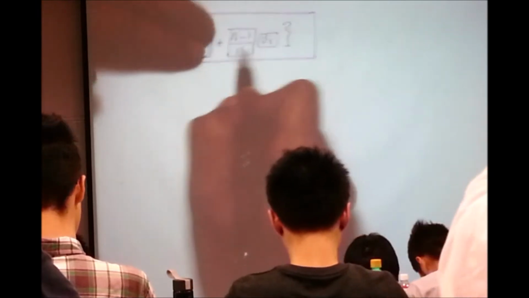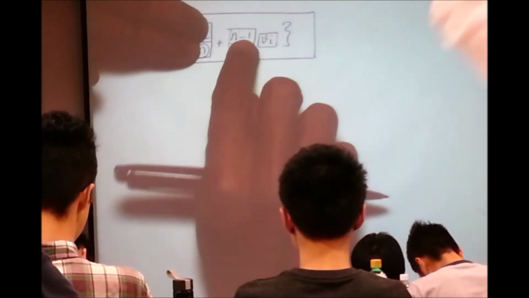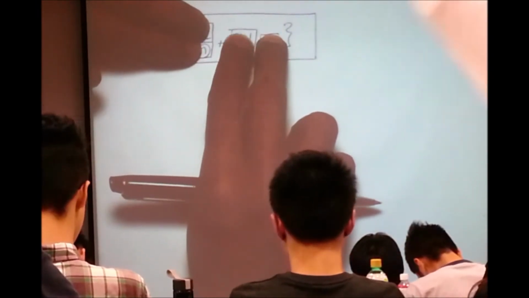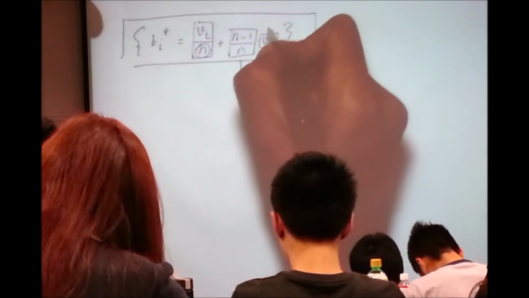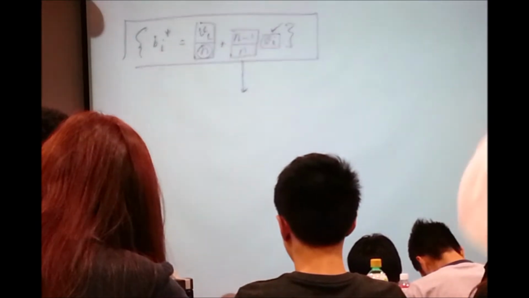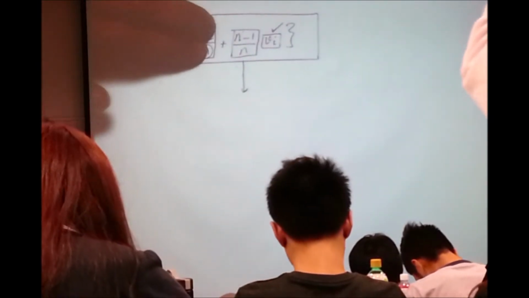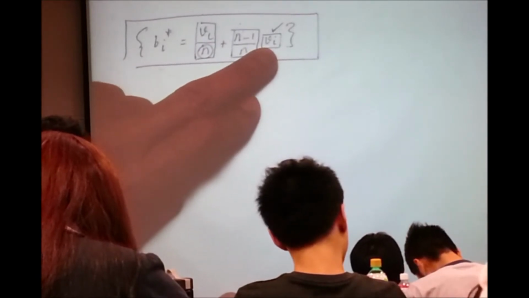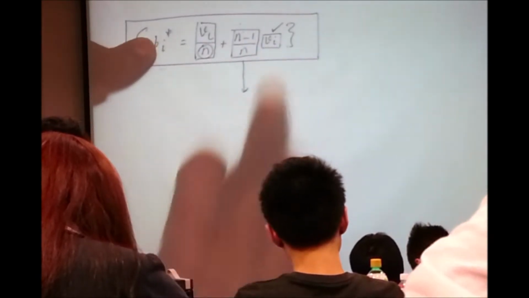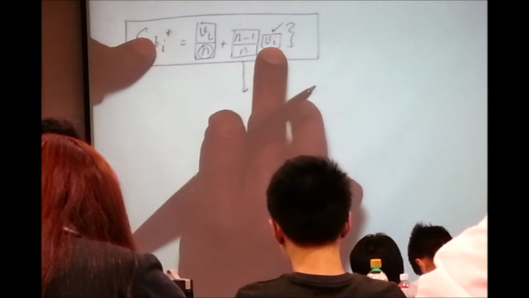So if every bidder is bidding a constant plus the same fraction of his valuation, the guy who will submit the highest bid must be the guy with the highest value. This is a constant for everyone. Only thing that varies between bidders is this. Therefore, the highest bid will be by the bidder with the highest value.